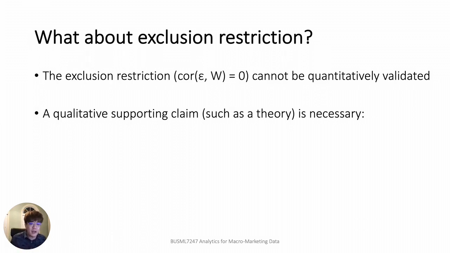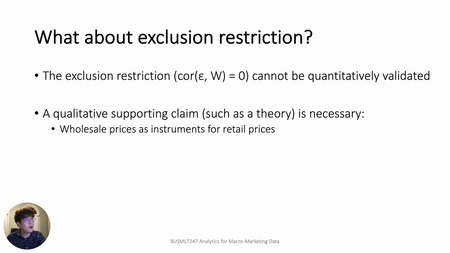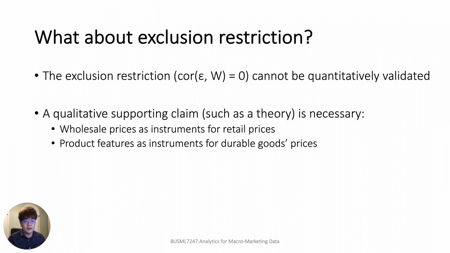Weather is one possible option as discussed, and there are several options of the instruments that have been frequently discussed in the literature. One is using wholesale prices as instrument for retail prices. Another is using product features as instrument for prices, especially for durable goods.